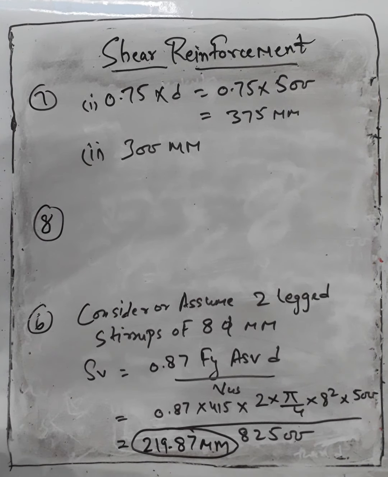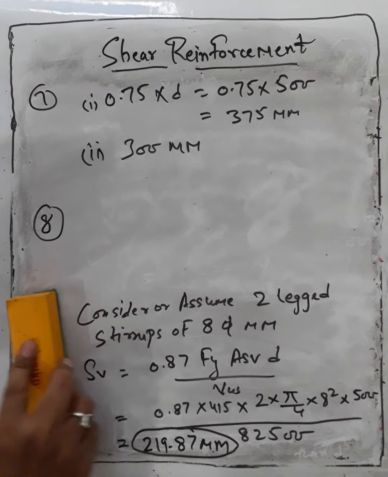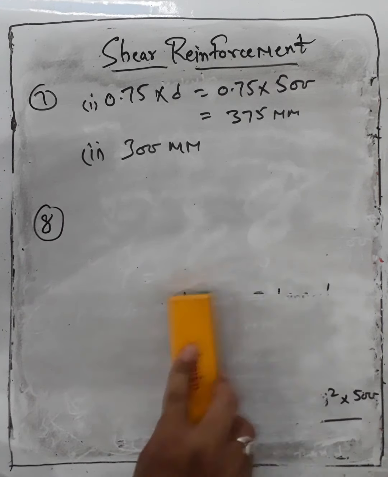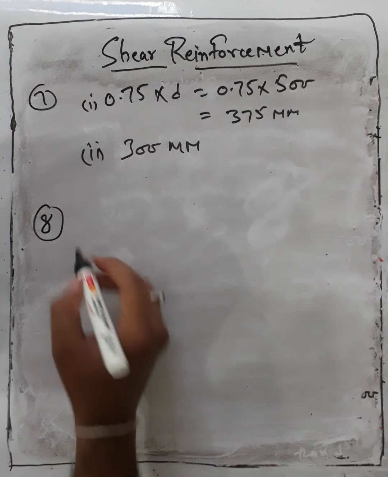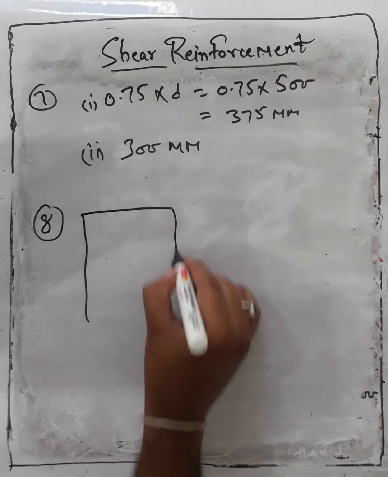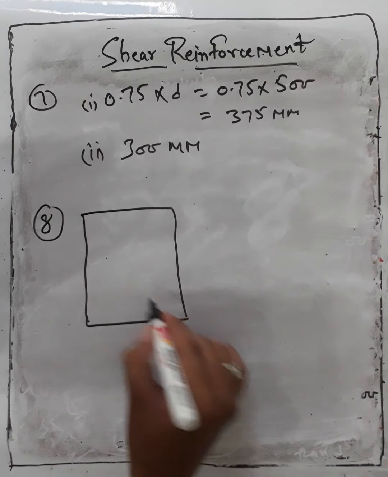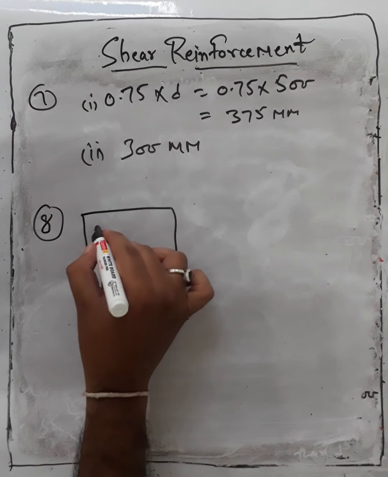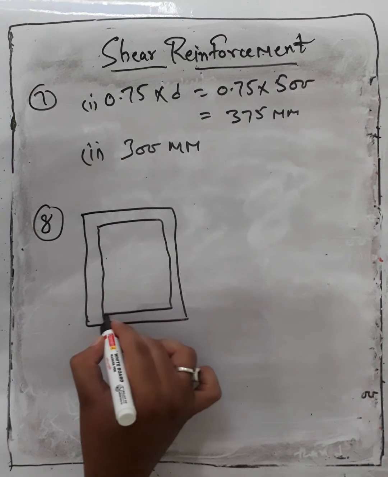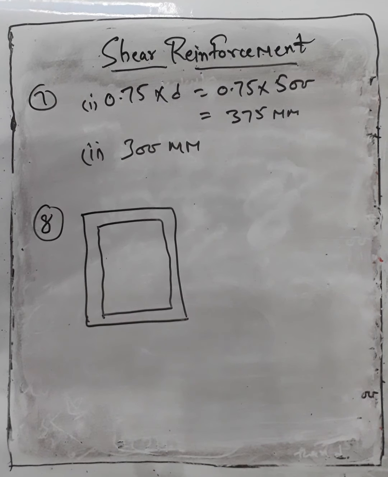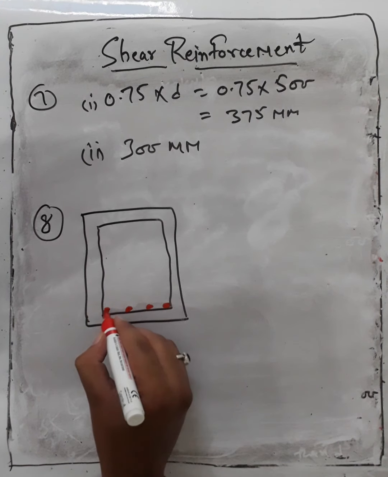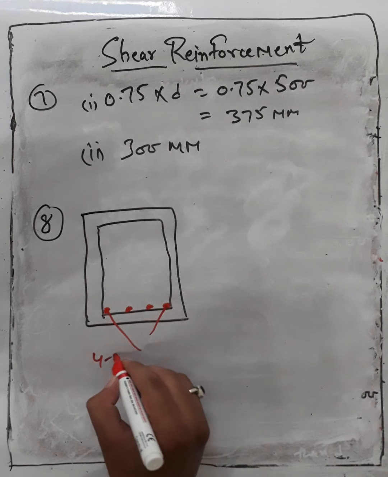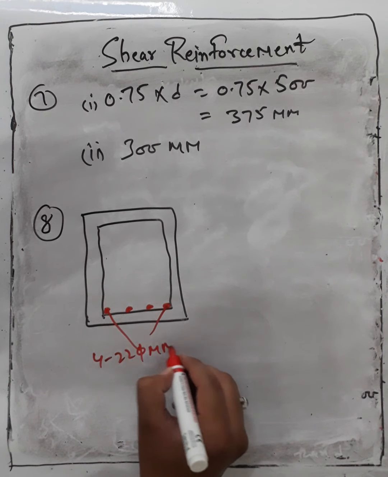For this we have to draw the longitudinal section and cross section of the stirrup. So let's draw the ductile detailing of this shear reinforcement. First you draw the cross section, in which we have provided the two-legged stirrup, and 4 bars of 22 mm dia.